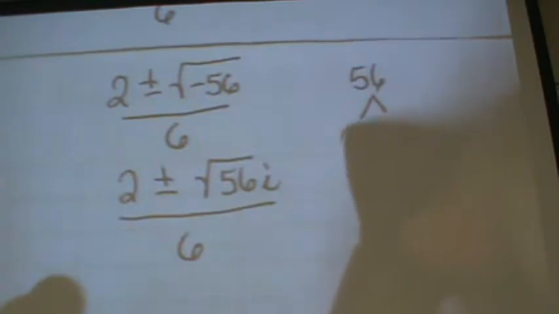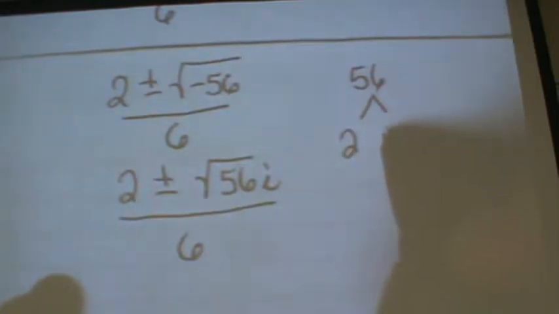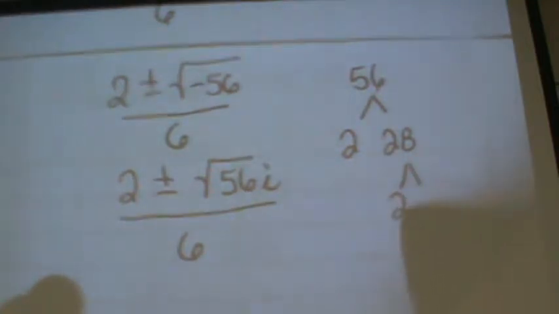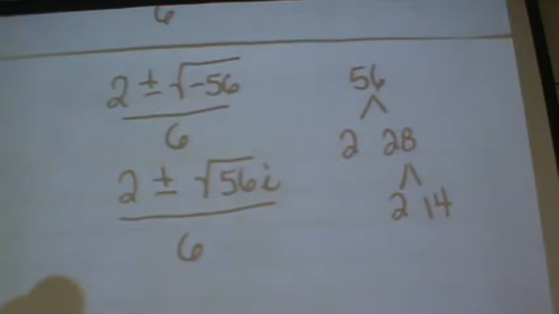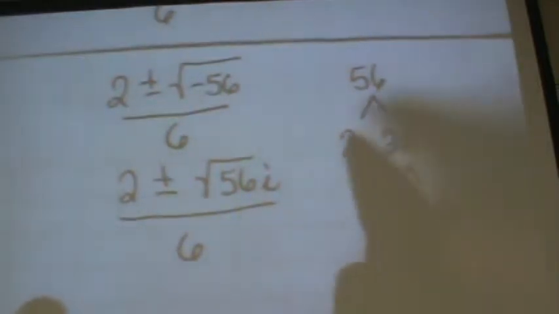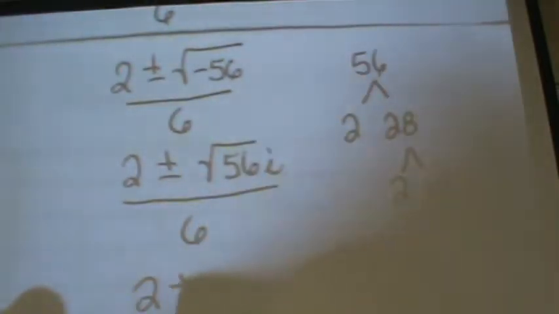Now 56, root 56, can be broken into 2 times 28, and then 2 times 14. So we have a pair of 2's that come out. So it's 2 plus or minus 2 root 14i over 6.